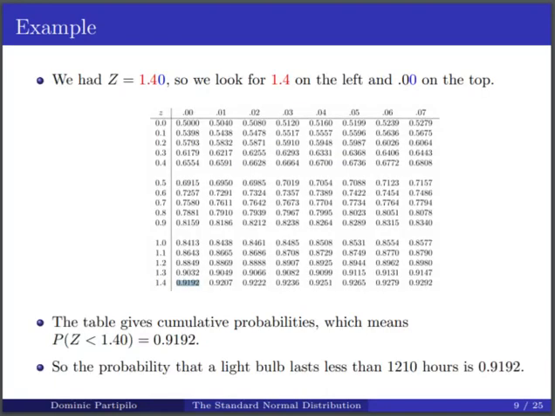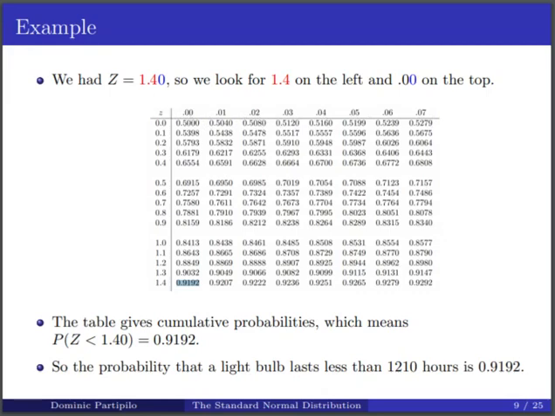So, a quick overview about how the z-table works. In this column, in this margin, it gives the z value up to the first decimal point. And then to fine tune it even more, we can look up the second decimal point along this row in this margin here.